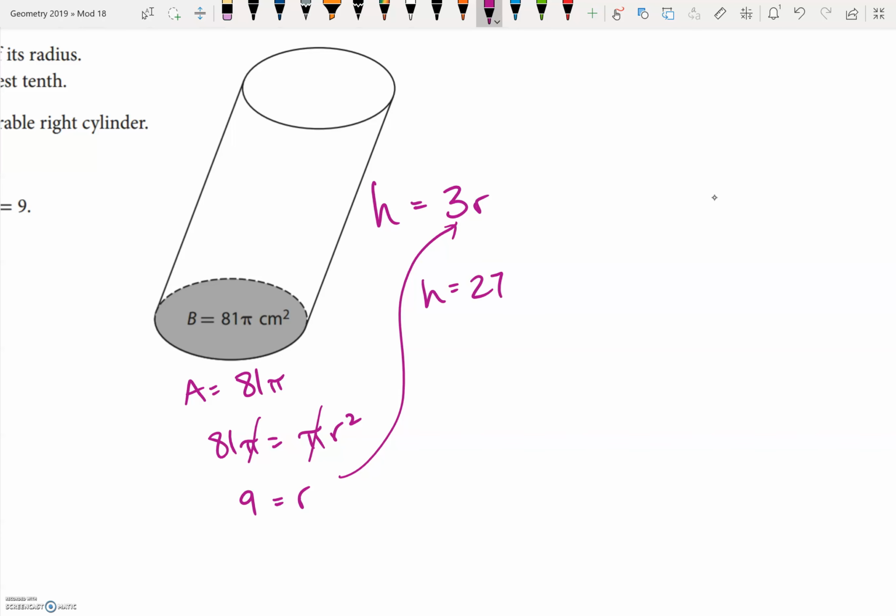So how much is the volume? Well, we just take the area of our base, multiply it by our height, and we end up getting 27 times 81 pi. 27 times 81 is 2187 pi units of centimeters cubed.